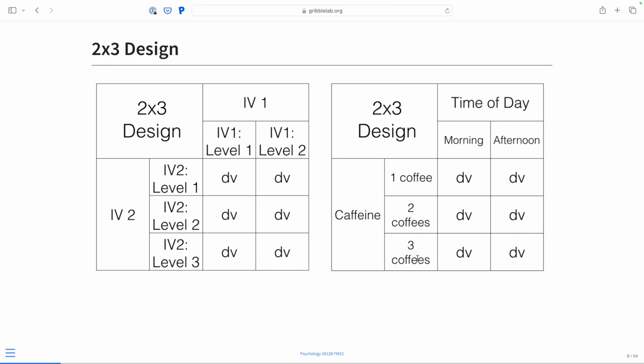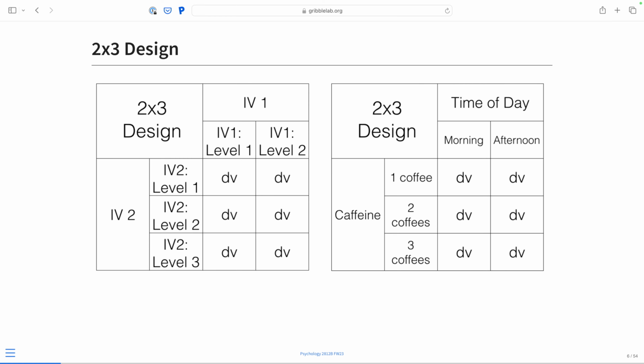And clearly 3 coffees wins. So importantly, each level of coffee, 1 versus 2 versus 3, is tested within each level of time of day. So in a 2 by 3 design, you have 2 times 3 equals 6 different possible cells or conditions.